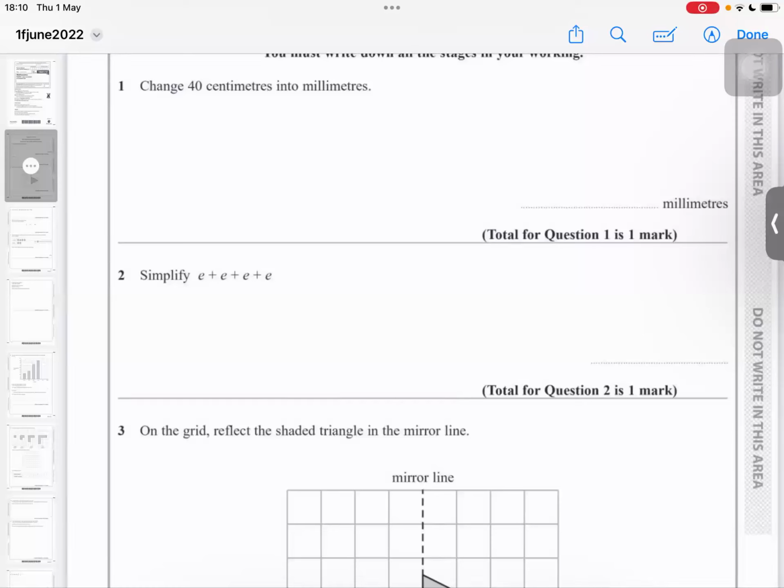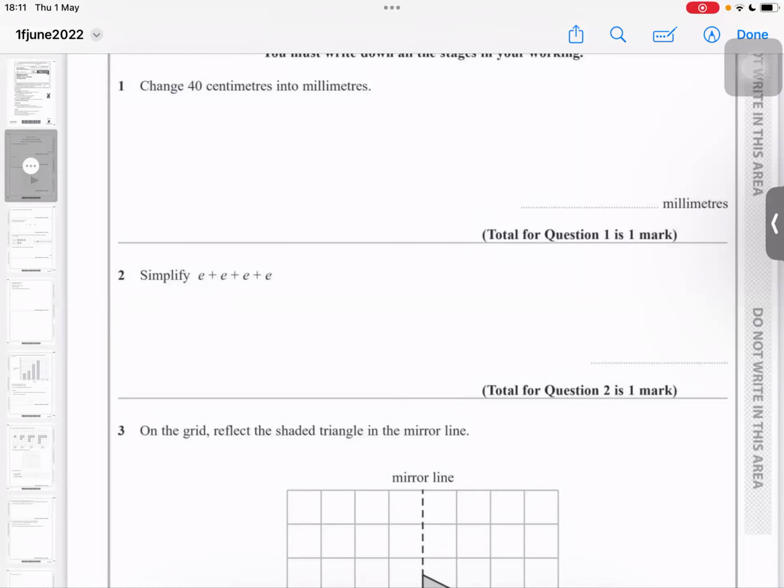So that would be 400 millimeters, because in each centimeter there are 10 millimeters. So I'll just multiply 40 by 10. The next one is simple. If there is a 1 in front of each of the e's, then that would make it 4e. And then I think that's it for question 1 and question 2.